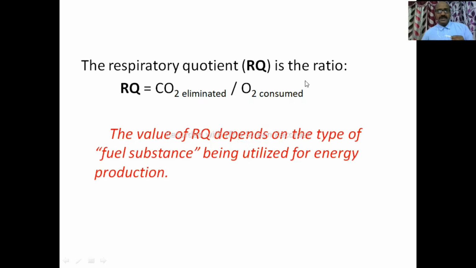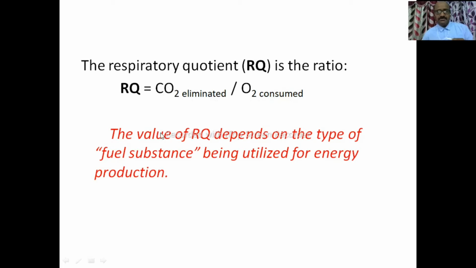So you can write it like this: respiratory quotient equals carbon dioxide eliminated divided by oxygen consumed, or the volume of carbon dioxide evolved divided by volume of oxygen consumed.